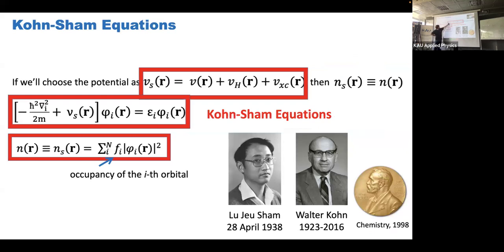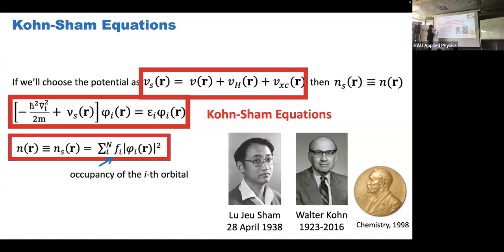One of them is the Kohn-Sham potential. It's a complex potential of the external field, the Hartree energy interactions, and the exchange correlation, the parts which we don't know from kinetic energy and potential energy.